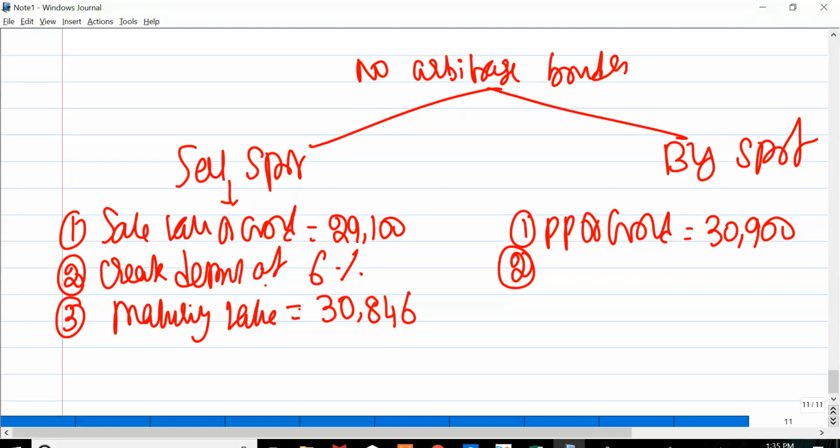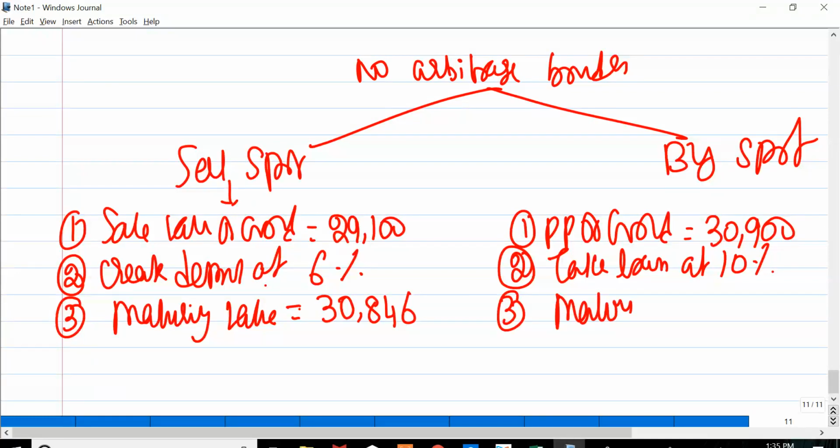Loan at what rate? Basically, first step is take loan and second step is buying the gold. So take loan at 10%. Take loan at 10%. Maturity value. 33.